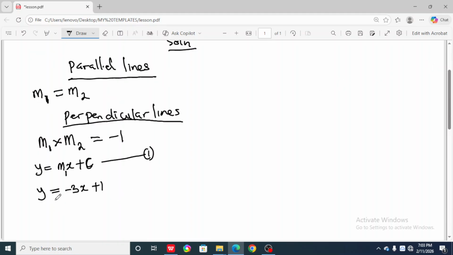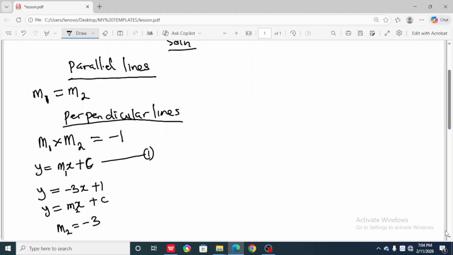If we compare with the general equation, y equals m2 x plus c, it means that m2 is equal to minus 3.